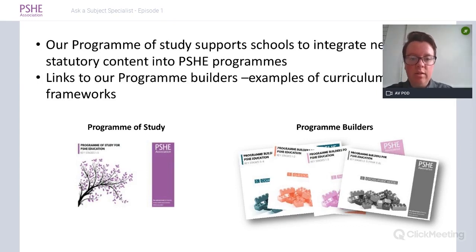This is then further broken down by our programme builders, which provide examples of curriculum frameworks setting out what pupils could be taught in each year group, in each half term, or across the year, so that it fully covers the programme of study and the new statutory content. These also link out to existing quality assured resources and provide suggested learning objectives for each lesson.